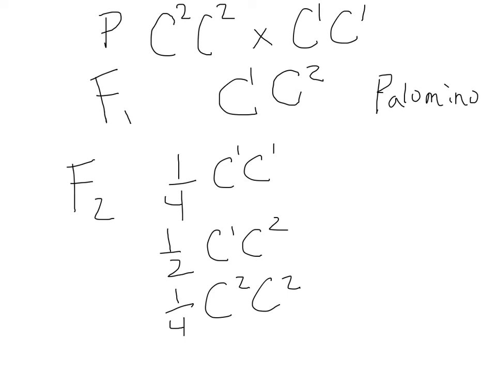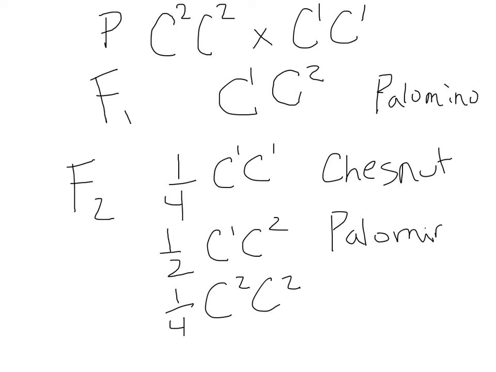So as a result, we're seeing this classic 1 to 2 to 1 ratio where we've got one chestnut to every 2 palominos to every 1 cremello. And that's the answer to part B.